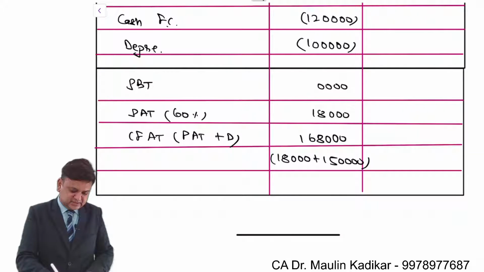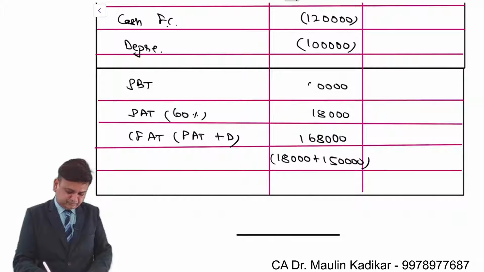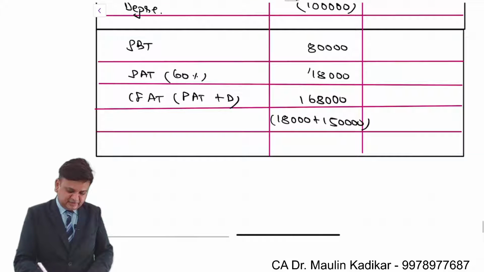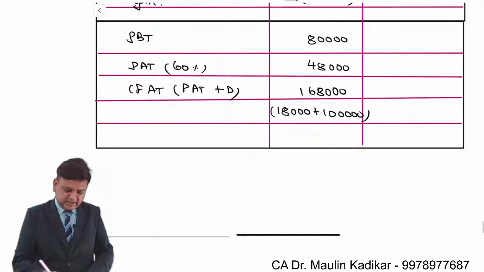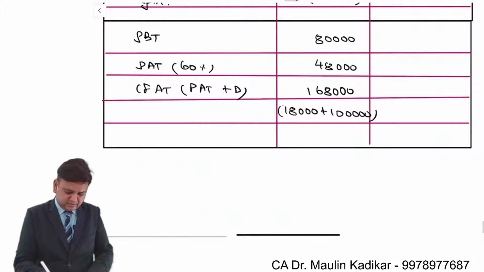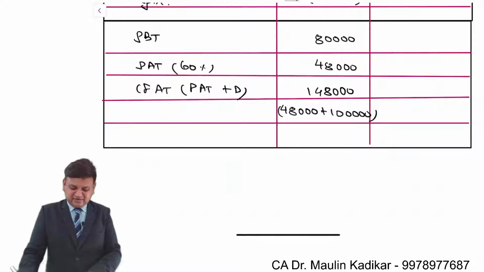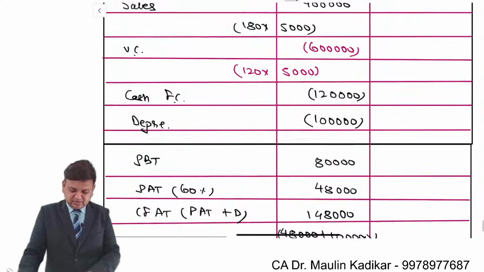So profit before taxes is 80,000. Profit after taxes is 48,000. So the amount of the CFAT would be 48,000 plus 1 lakh. That comes to 1,48,000. That is the way the CFAT for the first year will be found.